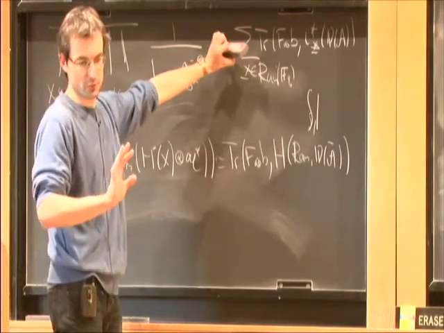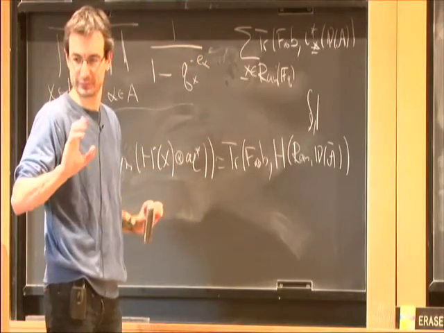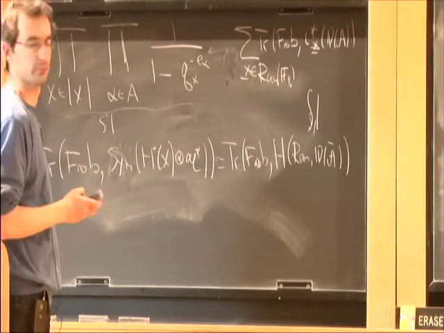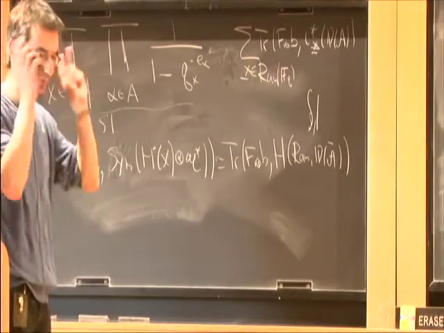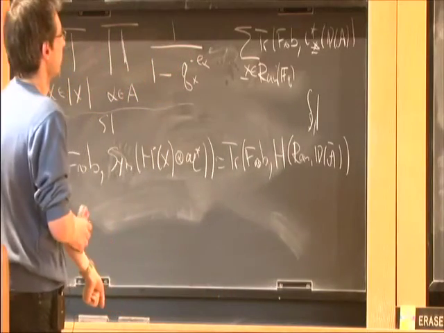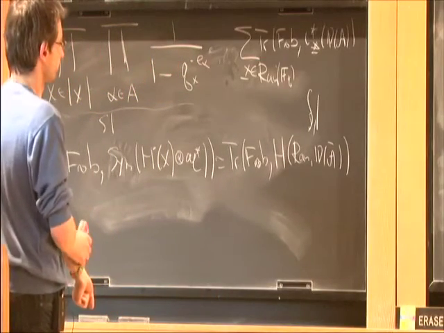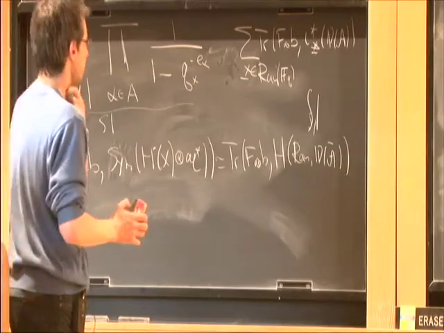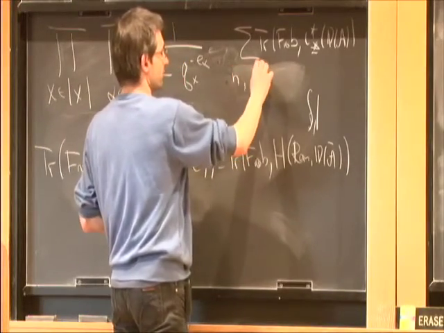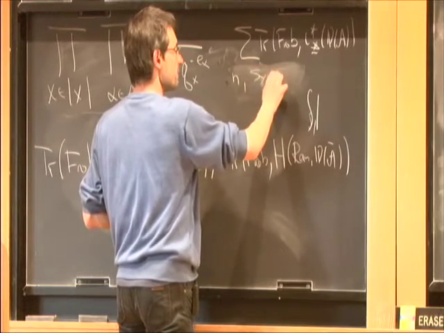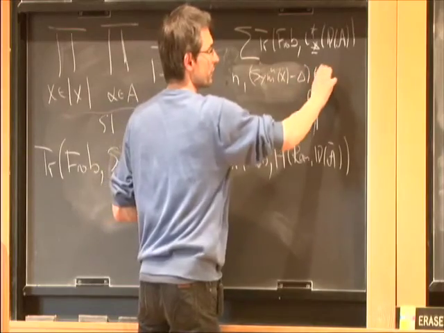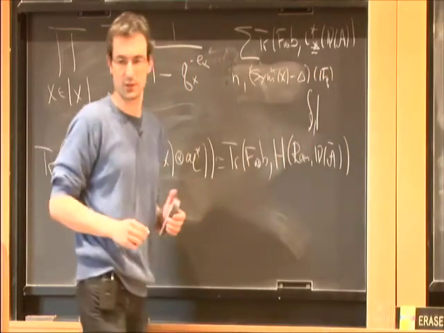I'll get confused, so let me postpone this for a second. Well, what I should be saying is the sum over n, take Sym n of X, diagonals removed, of FQ. This is the correct thing to say.